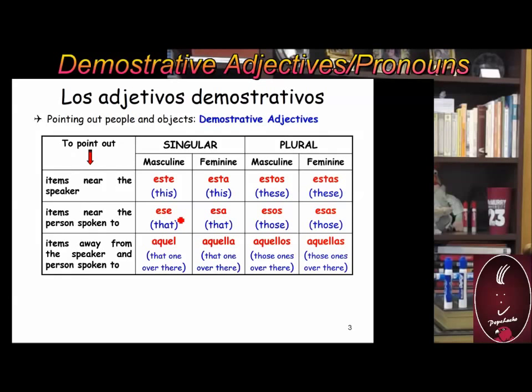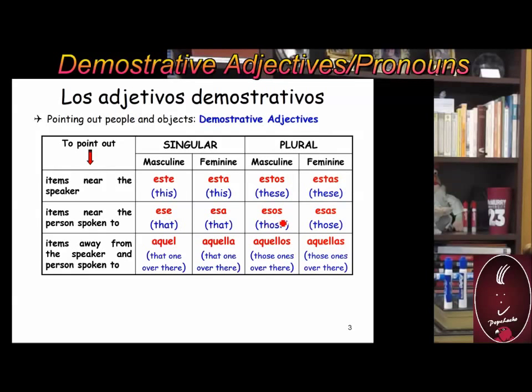Ese marcador es azul. Ese agrees with the noun marcador because it's masculine and singular. If I am pointing two markers, I will use esos marcadores son azules.